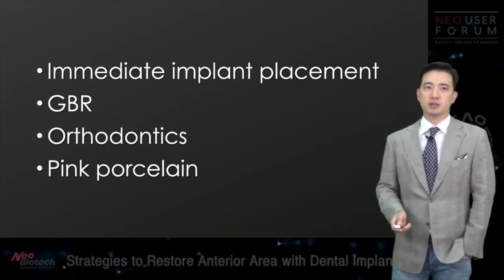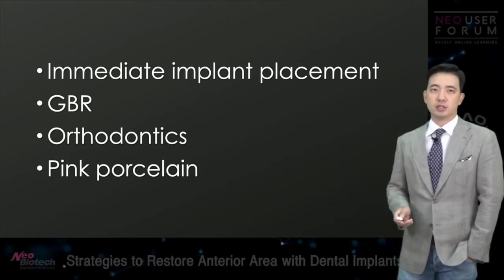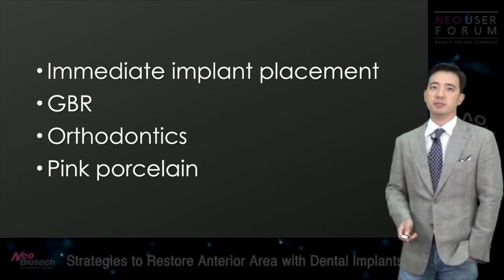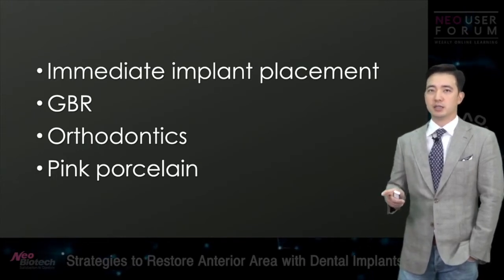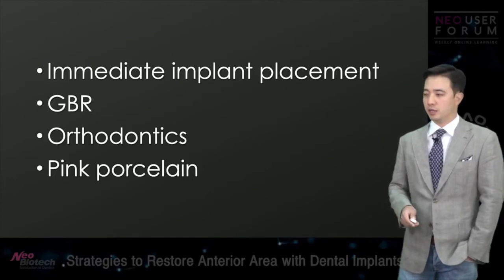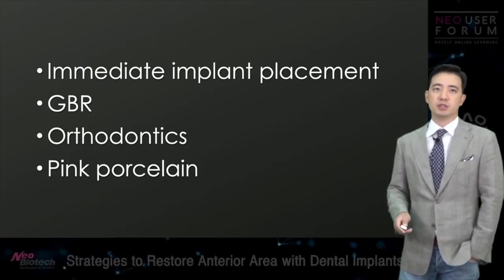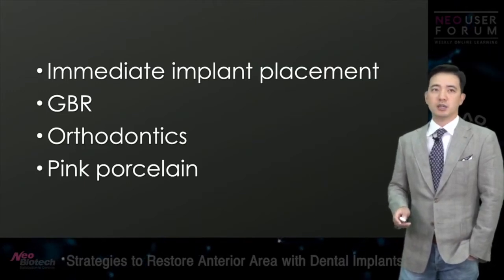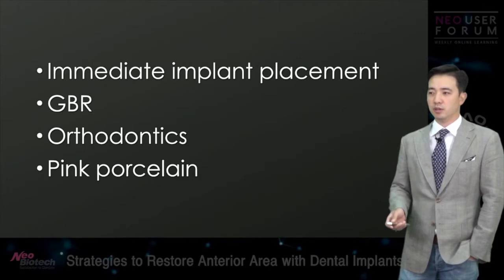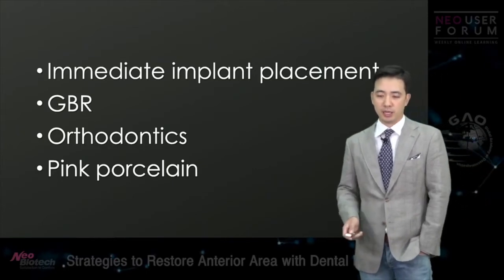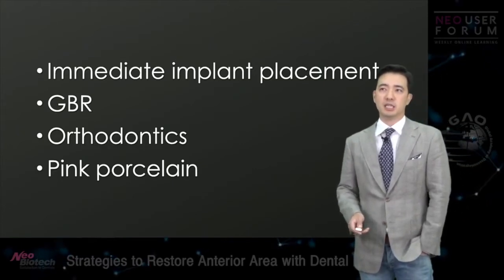Just like we talked about last time, we can always consider immediate implant placement to minimize resorption of the bone, for example, or recession of the soft tissue. But it's not always the case, because even if you want to place an immediate implant, a lot of times patients don't have bone and you're going to end up needing GBRs.